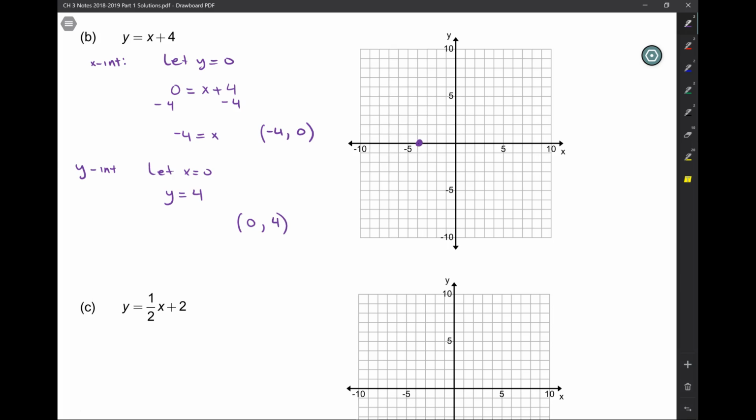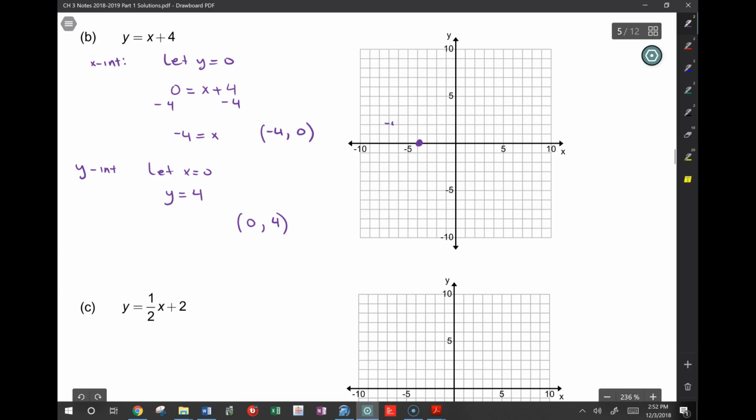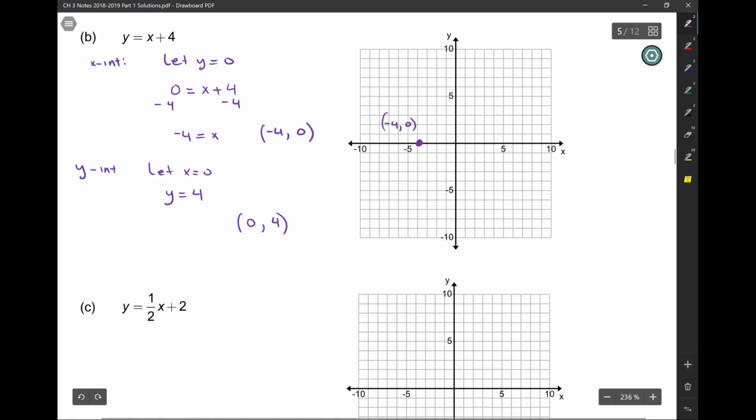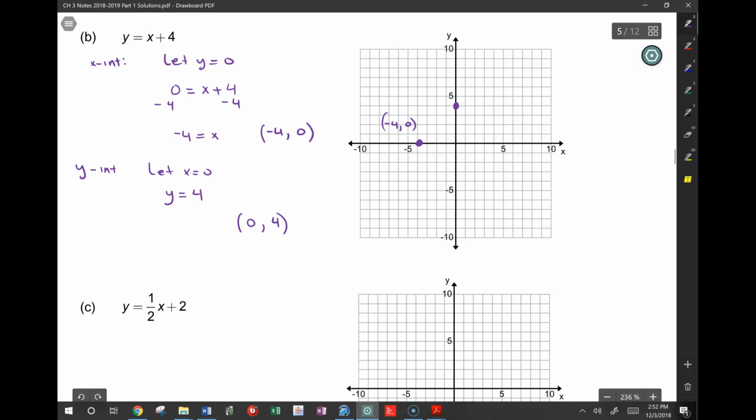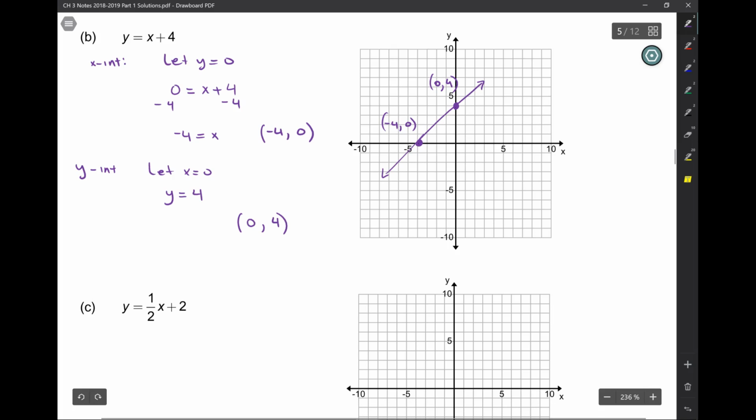You have to have x equals a number or y equals a number. So this is -4, comma 0. And then the y-intercept is x is 0, y is 4. So I connect, and that's how it looks. Okay?